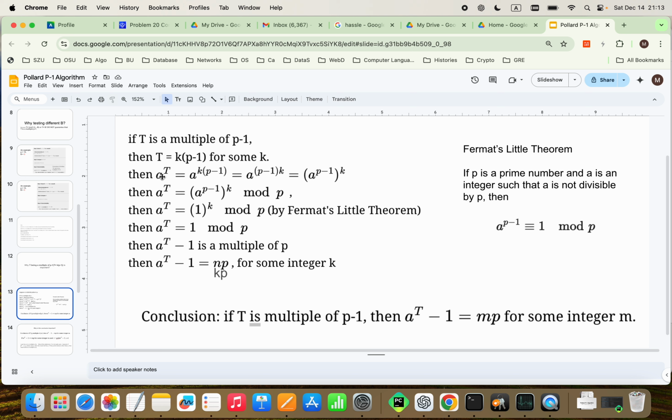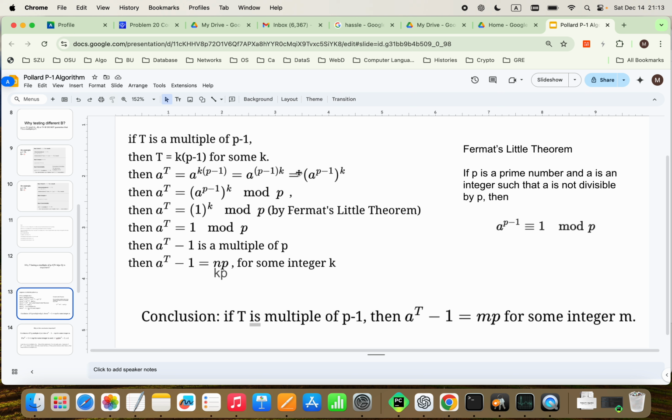If this is the case, then a to the t becomes a to the k times p minus 1. Just substitute it, and then we arrange the exponents. Then it becomes like this.